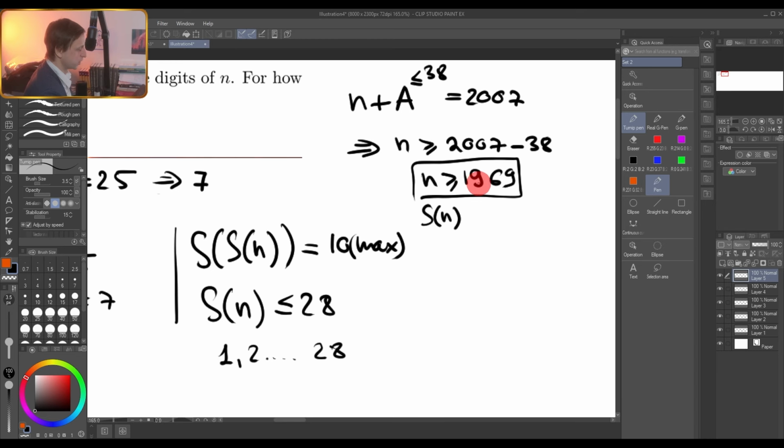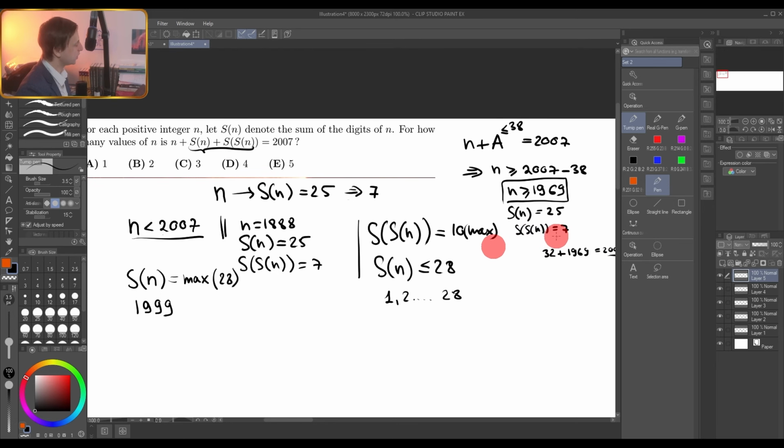It will be 25, and s of s of n will be 7, and 7 plus 25 is 32, plus 1969. Does it work for us? No, it doesn't work. The sum is just 2001. Not enough. We need 2007.